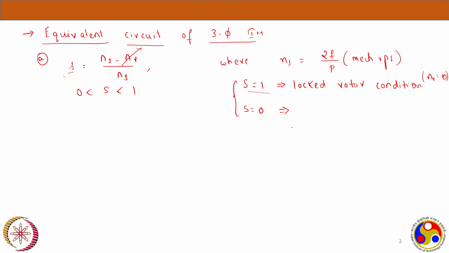So that is not ideal, because under no load condition also, friction will always be there. That is the practical condition. So that's why we call this condition a not so ideal condition, because S equals 0 means there are no opposing forces, no opposing torques, friction is equal to 0.